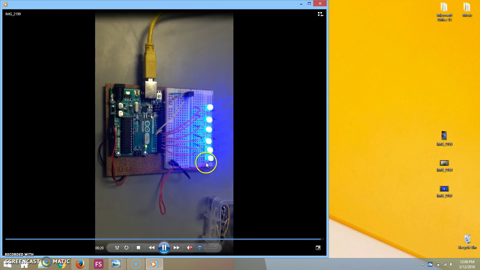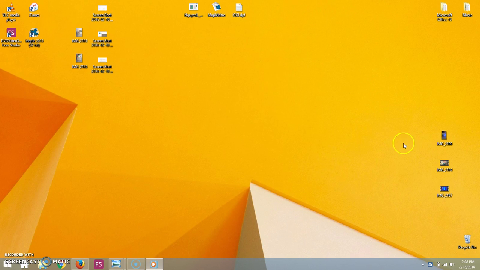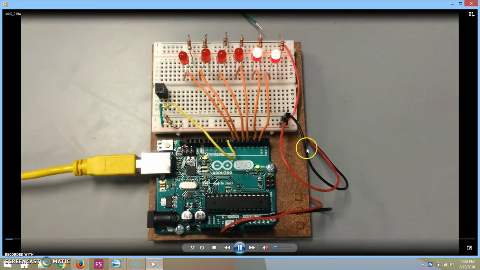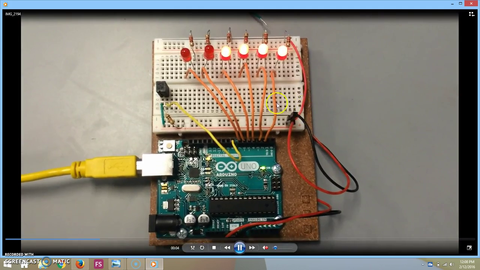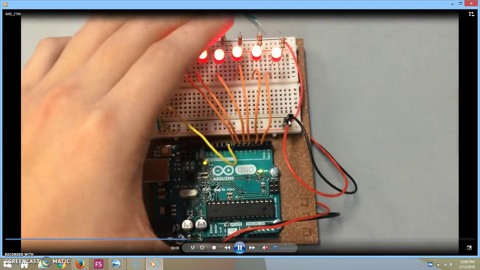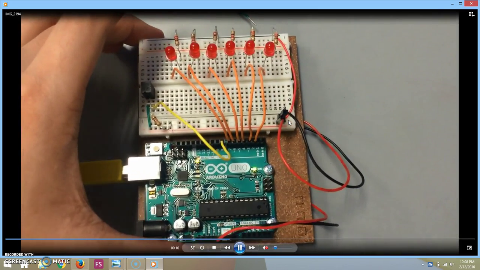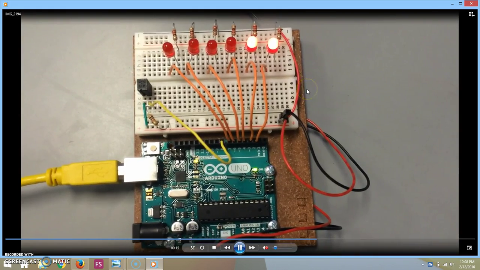For our test, we shortened our interval time because we didn't have enough time to wait the whole hour to see if all the LEDs would turn on. And this is another test video using a different LED color. Here we tilt the switch forward, which would reset the LEDs.